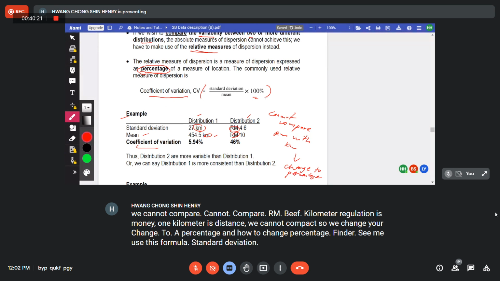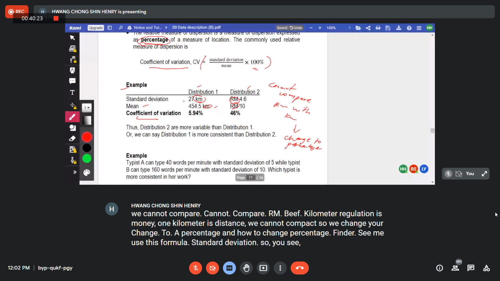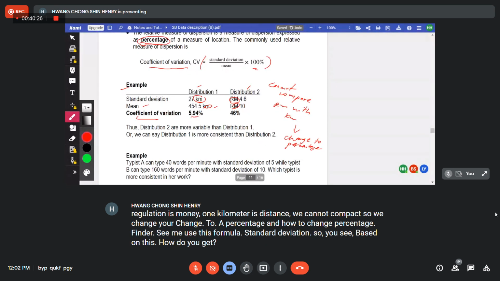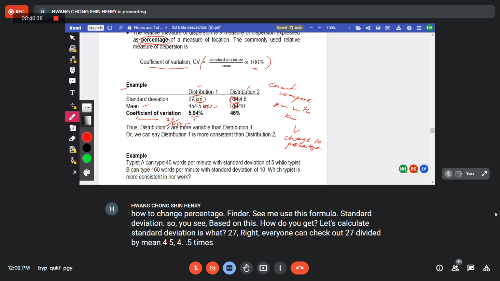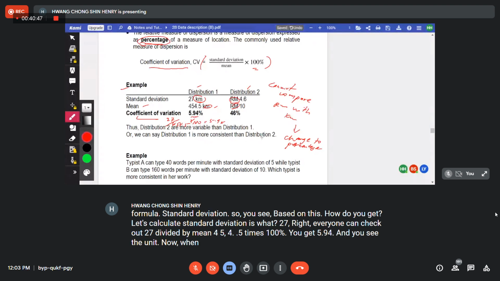Standard deviation. Let's calculate. Standard deviation is what? 27, right? Everyone can check. 27 divided by the mean, 454.5, times 100%. You get 5.94. You see, when you change to percent, the unit is no more. All changed to what?